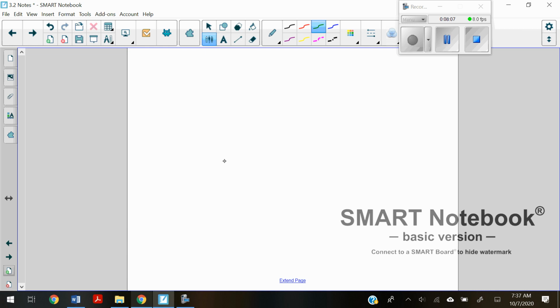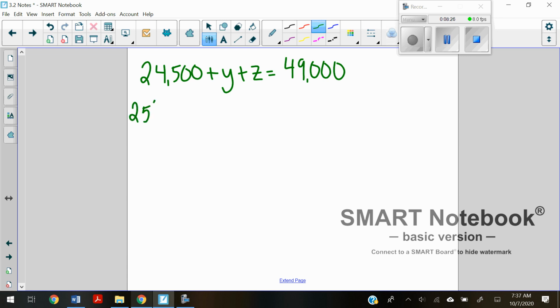All right, so I said I was going to take my top equation and replace X with 24,500. So plus Y plus Z equals 49,000. And now I'm taking my middle one. That's the one that deals with the money. So I take 25 times 24,500 plus 30Y plus 35Z equals 1,419,500.